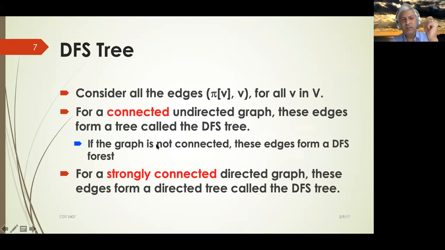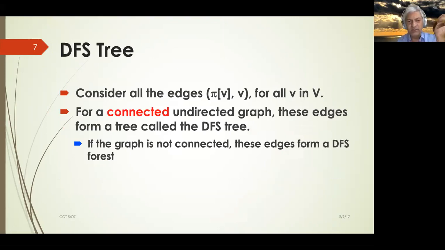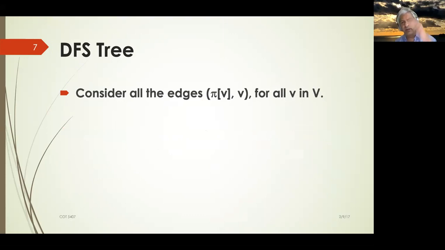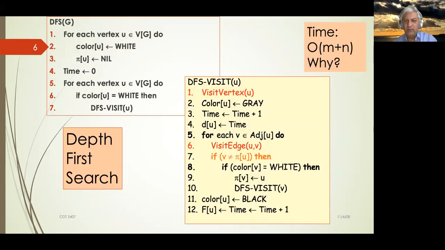every edge in this graph goes from one vertex to another, and when you visit a vertex V from vertex U for the first time, we're going to call U the parent of V, and we're going to say pi of V is U, which means the parent of V is U. Now, pi is the notation we're going to use for the parent pointer.